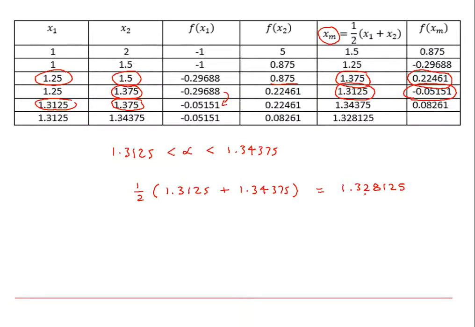So we can state that our root is 1.328125 with a certain amount of error, and that error can't be any greater than half the width of the interval, which is going to be 1.34375 minus 1.3125 all over 2.